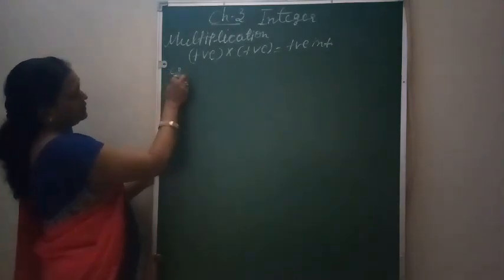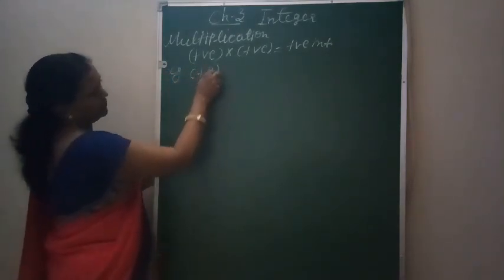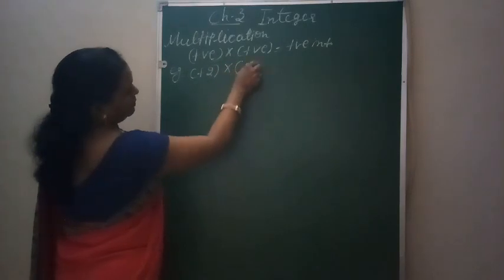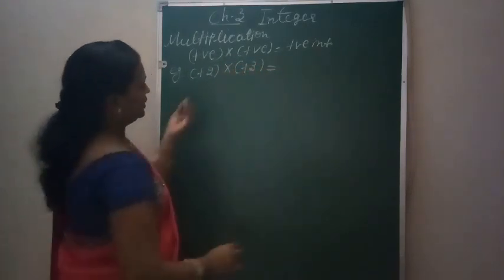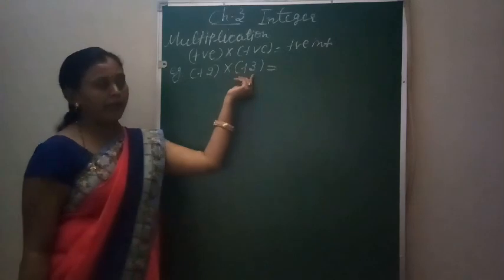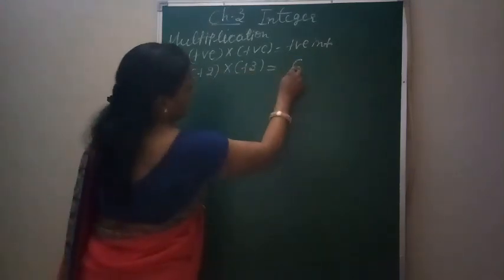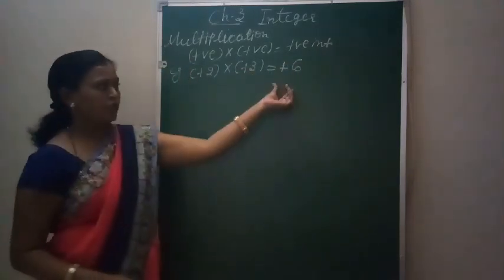Let's see two numbers, plus 2 multiplied by plus 3. In the table of 2, 3 times, the answer will be 6, and this is positive.